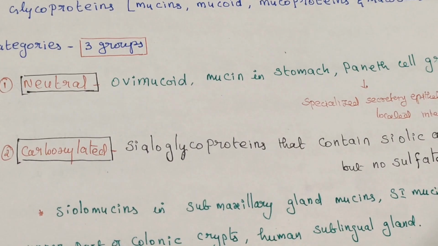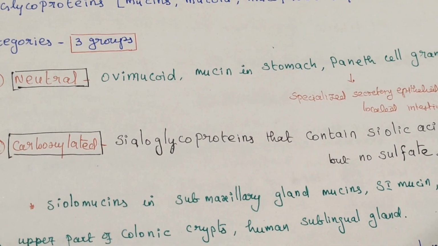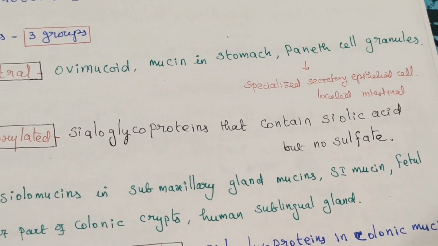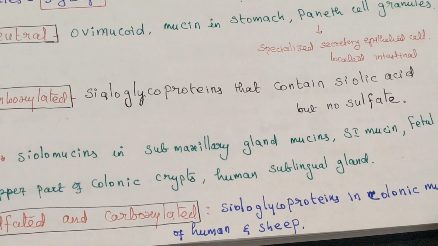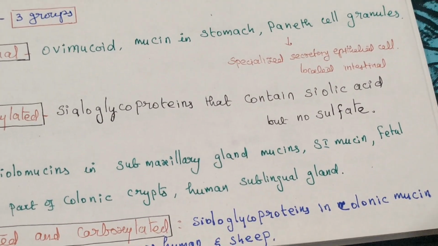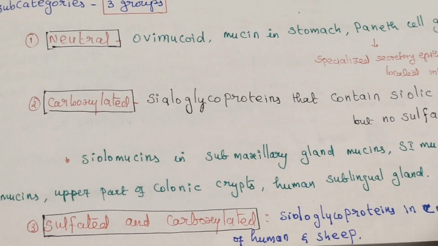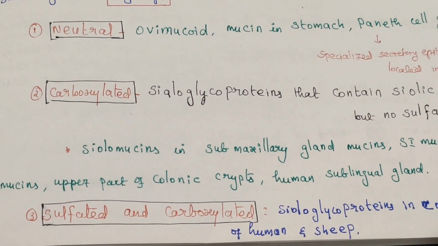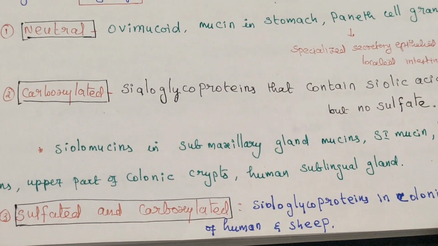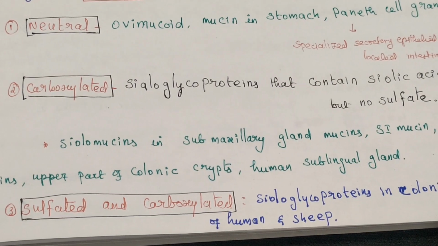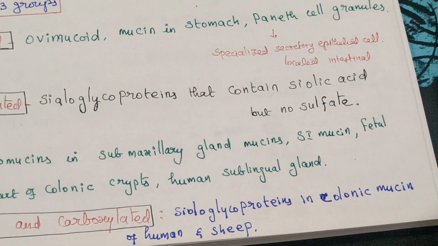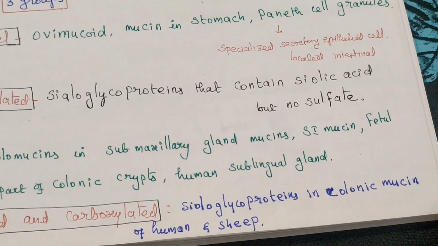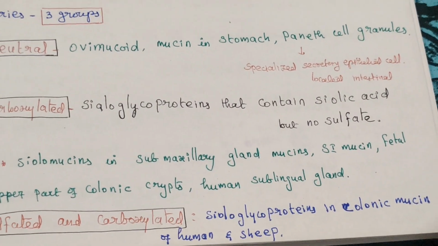Then carboxylated group 1, glycoprotein containing sialic acid, is present in the submaxillary gland, small intestine, fetal mucin, upper part of colic crest, human sublingual gland. Then sulfated and carboxylated, this one is glycoprotein in colic mucin of human and sheep.